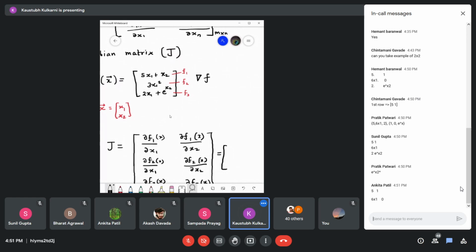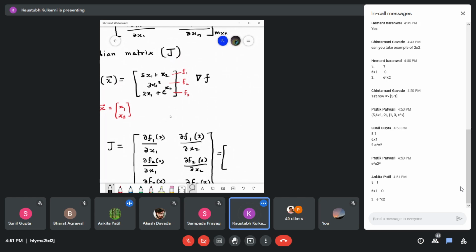First one is dou f1 by dou x1. So f1 with respect to x1, x2 is a constant, will become 0. This will become 5. f2 with respect to x1, it is a square, so 6x1. f3 with respect to x1 will become 2.